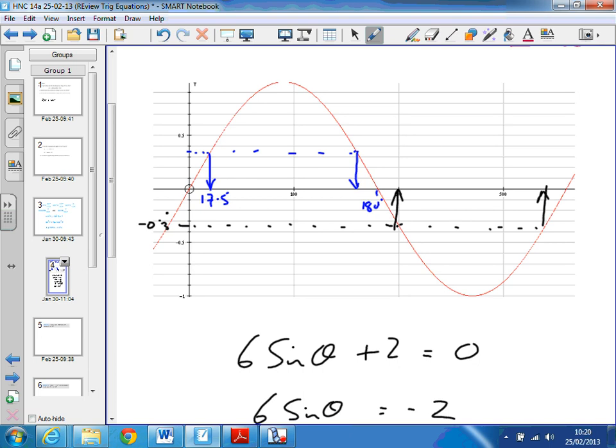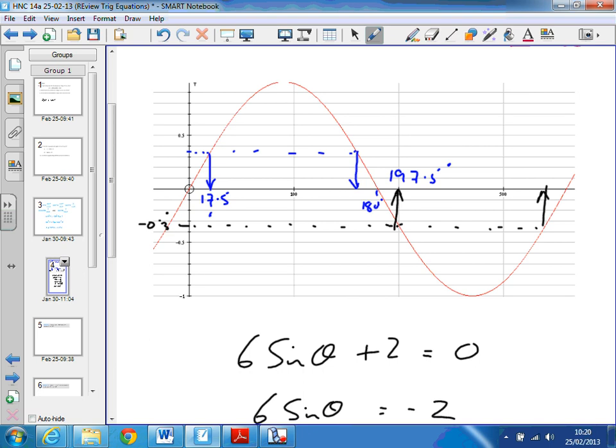180 plus 17.5 is 197.5 degrees. What about this one? Well, think about the symmetry. This is 17.5 degrees from there. So what's this going to be?